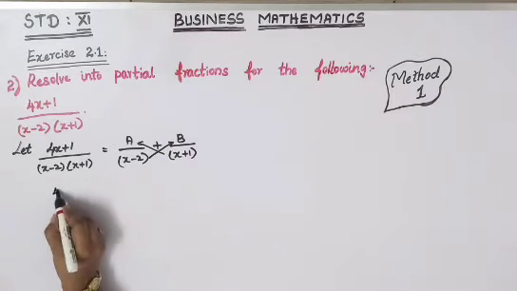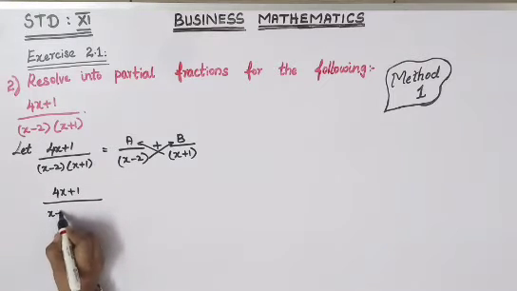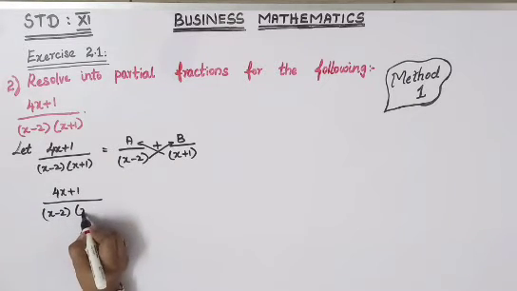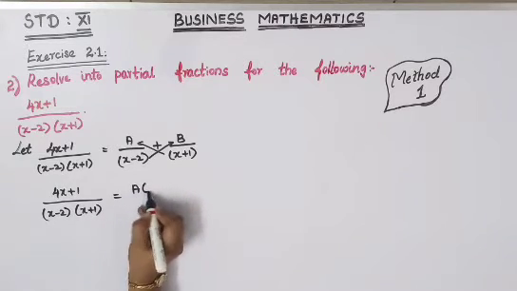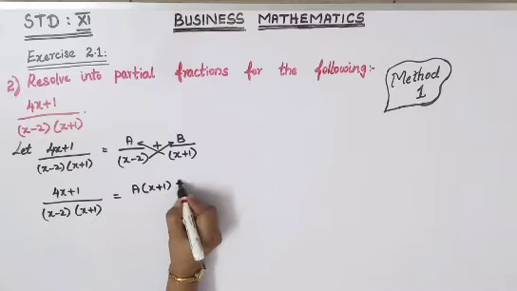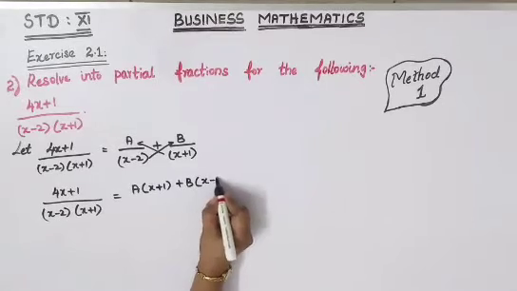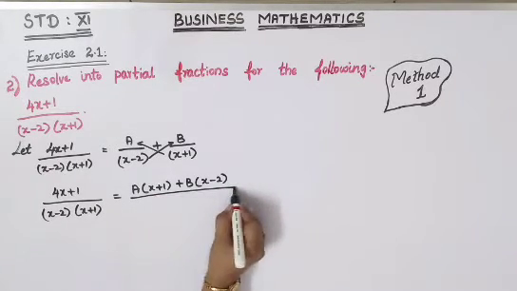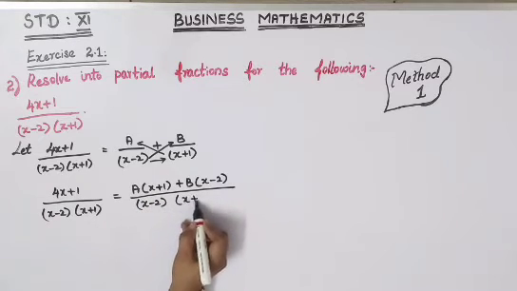Your left hand side is there as it is, 4x plus 1 divided by x minus 2 into x plus 1, which is equal to a into x plus 1 plus b into x minus 2, whole thing divided by, so this is your LCM, x minus 2 into x plus 1.